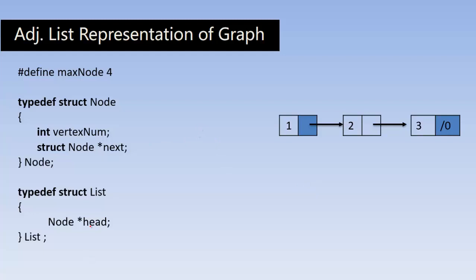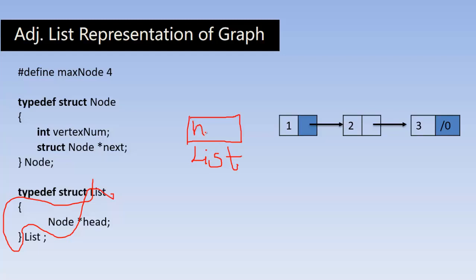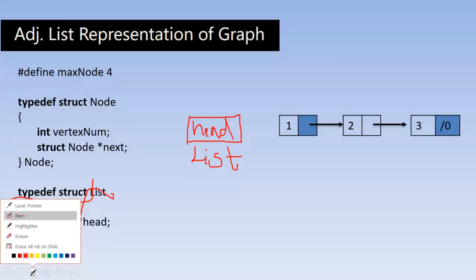So here this structure is named as list. Let us define that. So this is the structure, and I renamed this entire structure as list. So this is called as list. The node is called as list, and there is a variable called head inside this structure, right? Which is of type node, right?